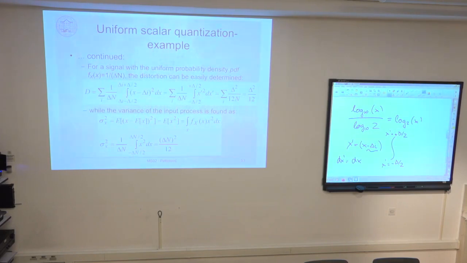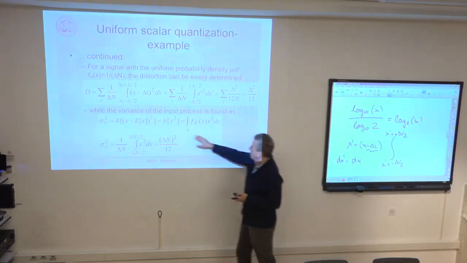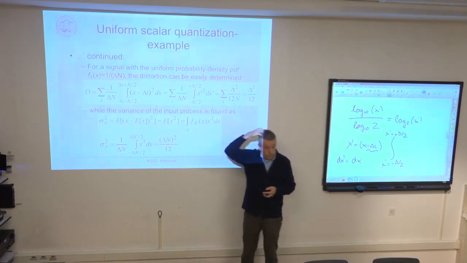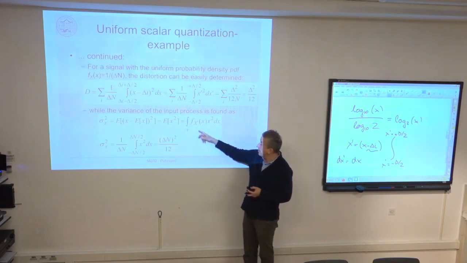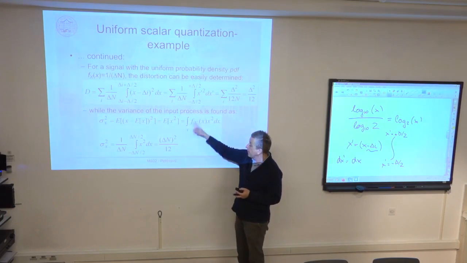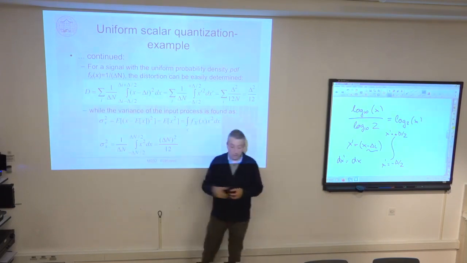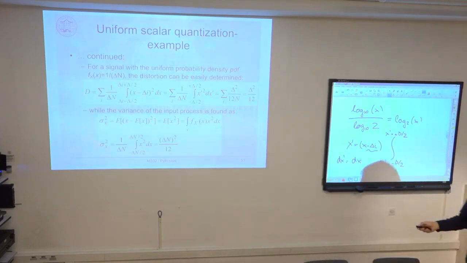I have only the expectation of x squared. And according to the definition of expectation, it is simply x squared times the PDF, dx, over the range of the signal. As before, if I integrate this, this is a constant, I can extract it in front of the integral, 1 over delta n, and I have this trivial integral of x squared in the range minus delta n half to delta n half.